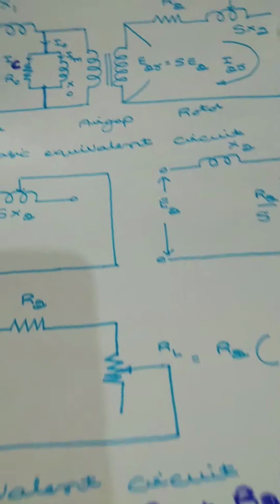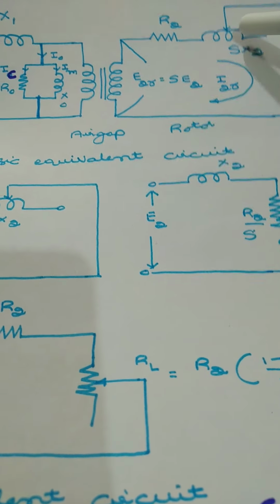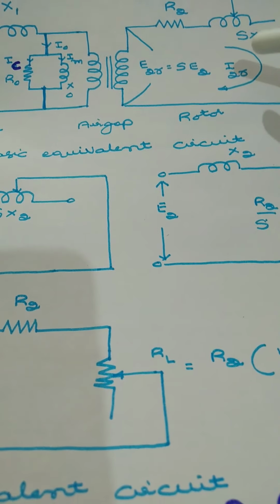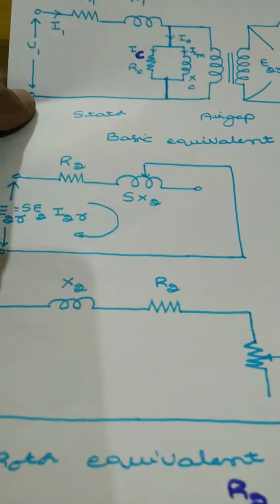From the equivalent circuit diagram, the power relations can be obtained, and if you know the power relations, you can easily obtain the various parameters. That is the benefit of this equivalent circuit diagram.